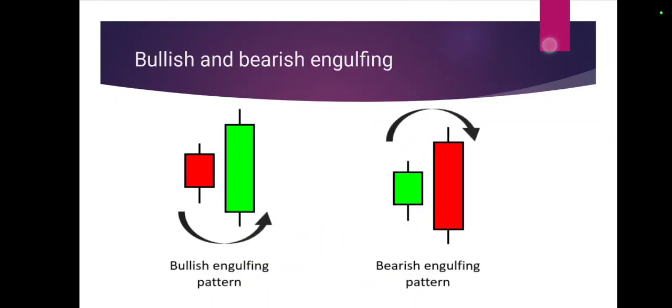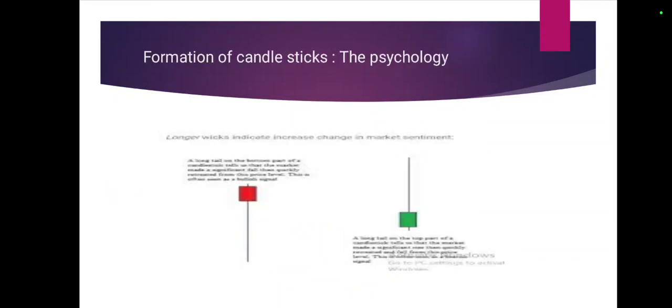So even this one can be red. The psychology is the most important thing, because it's showing you that sellers step into the market, pushing the market down. So from this point, you should expect that the market is trying to tell you that prices can begin to go down from this position.